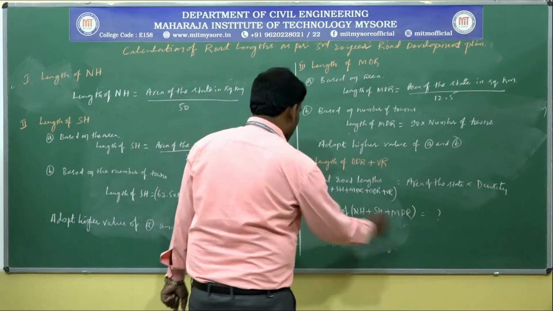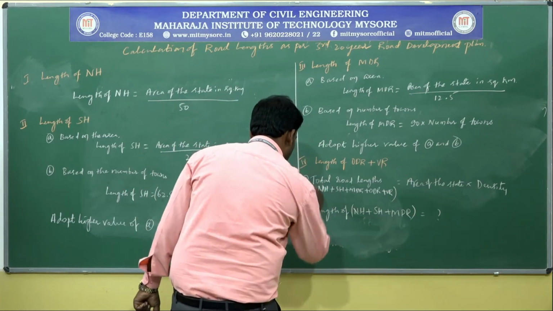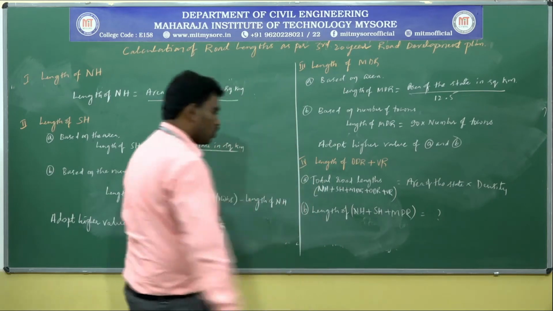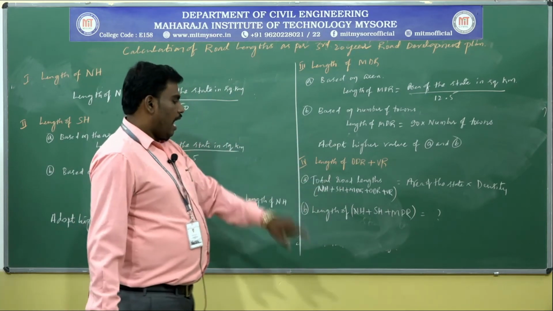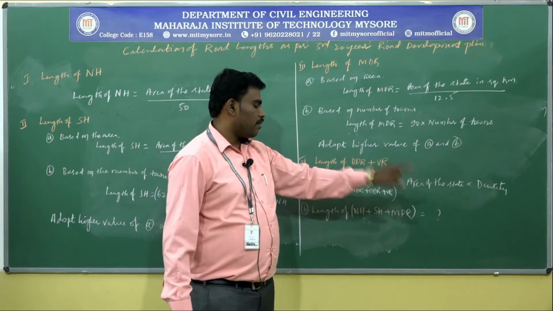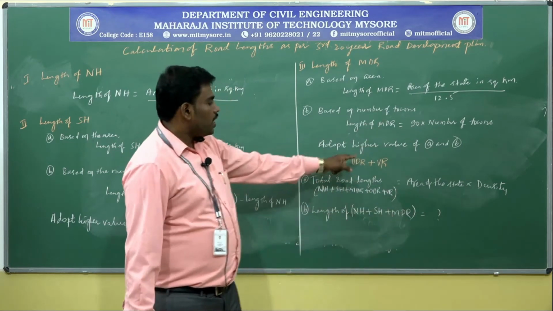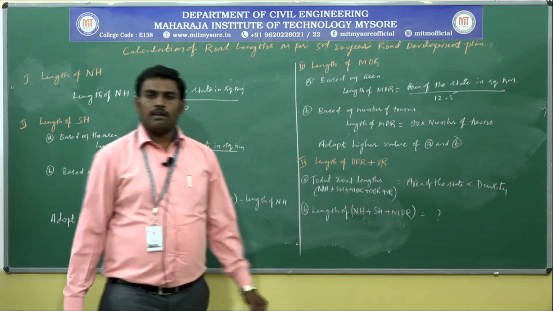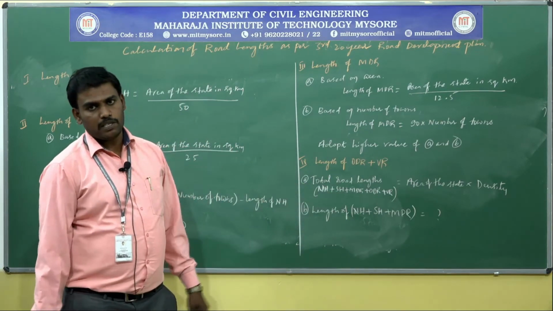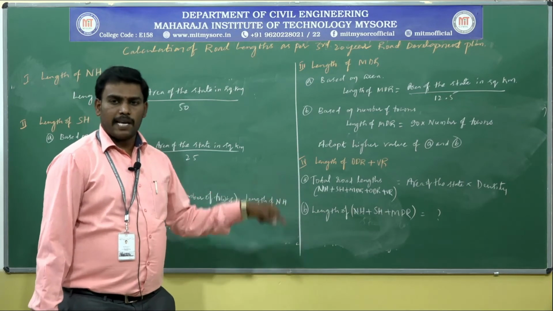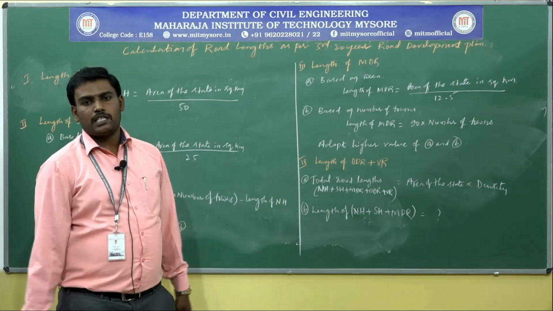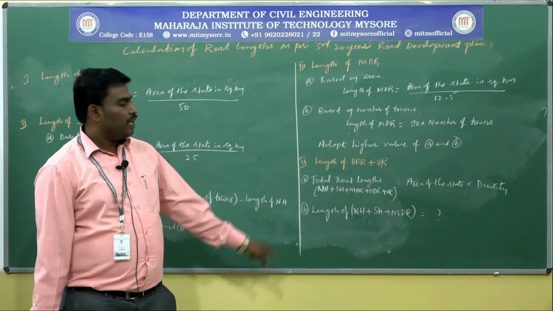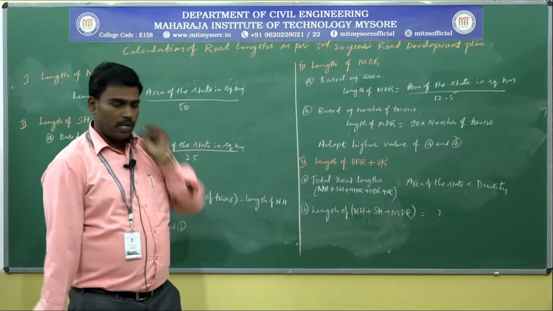Suppose you take total road length as A and length of NH plus SH plus MDR as B, then ODR plus VR is equal to A minus B. A minus B means total road length minus length of NH plus SH plus MDR will give the ODR plus VR.